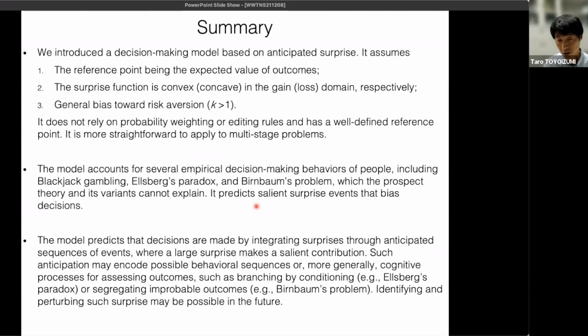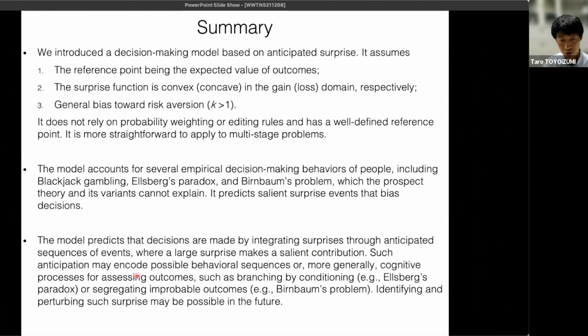It predicts salient surprise events that can bias people's decisions. The model predicts that decisions are made by integrating surprises through the anticipated sequence of events, where a large surprise makes a salient contribution.